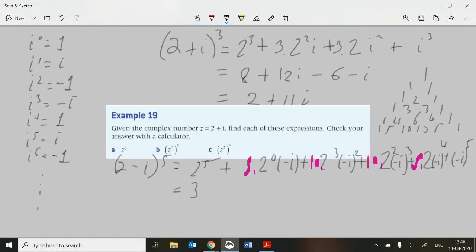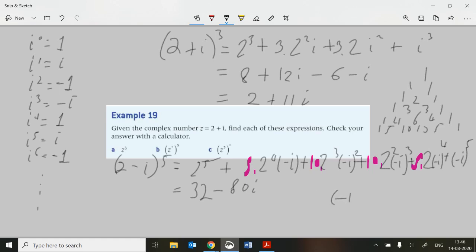The first one is obviously straightforward, so that's just plus 32. The next one is 2 to the power of 4, 16 times 5, which is 80. And we've got times minus i, so that one's actually easy. And then it starts to become a little bit more complicated, so I'll do minus i squared. I'm going to split that up into the two parts.